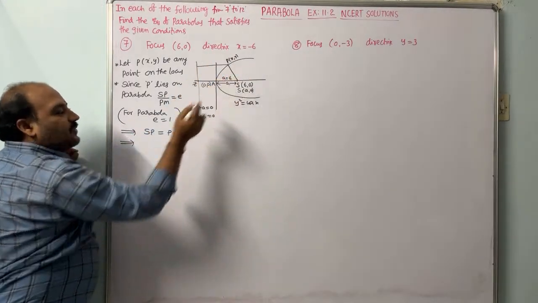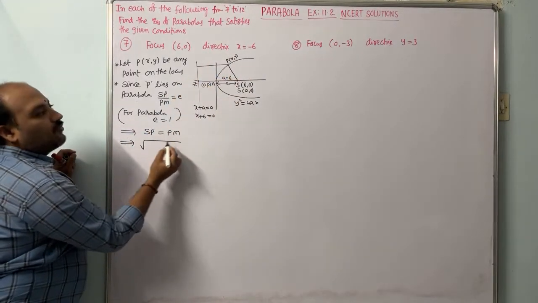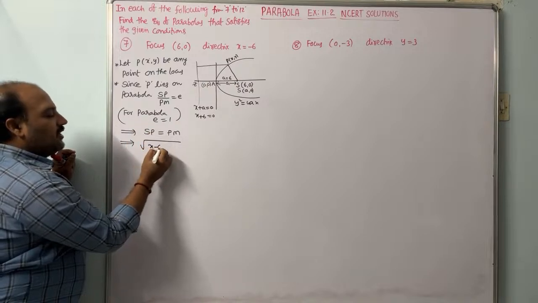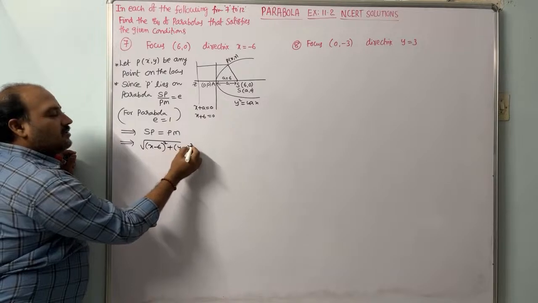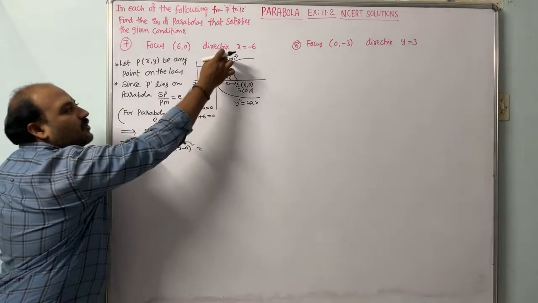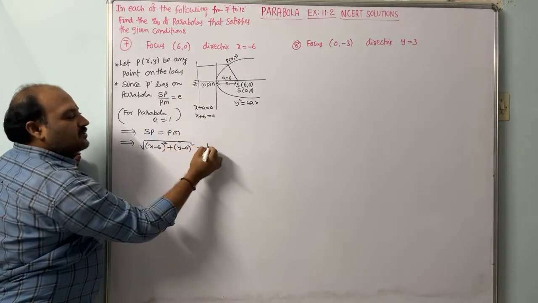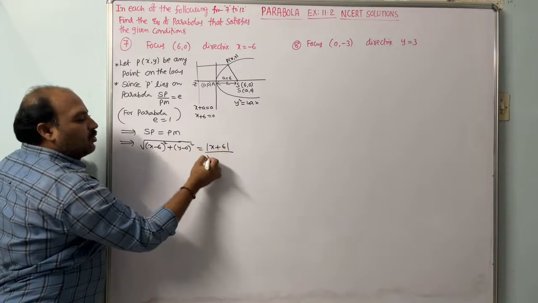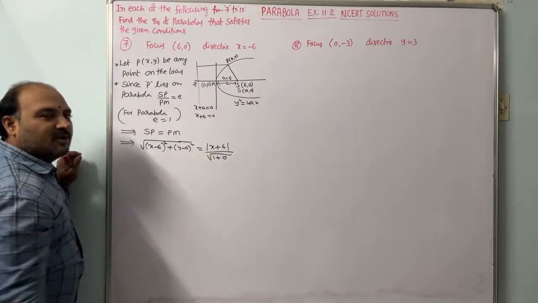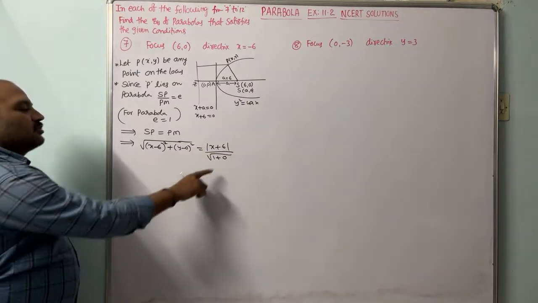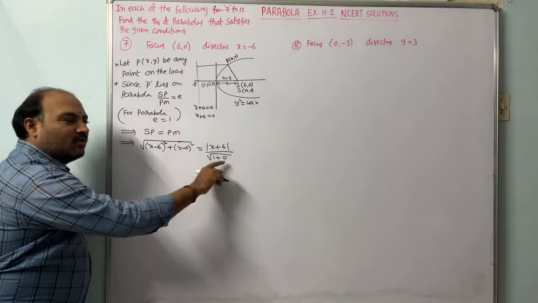SP is the distance between these two points: the square root of (x − 6)² + (y − 0)², equal to PM, which is the perpendicular distance from this point to this line: |x + 6| divided by the square root of (x coefficient)² + (y coefficient)². The y coefficient is not there, it is 0, so ultimately the denominator value is 1 only.